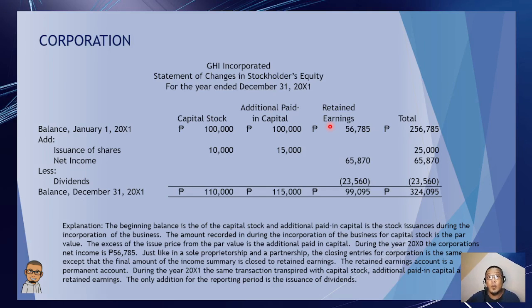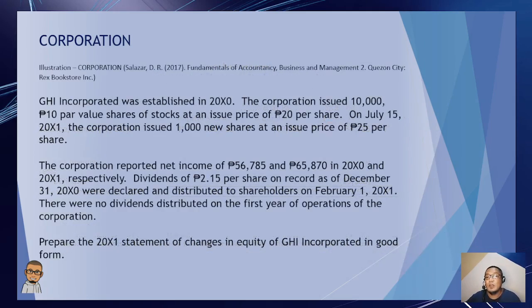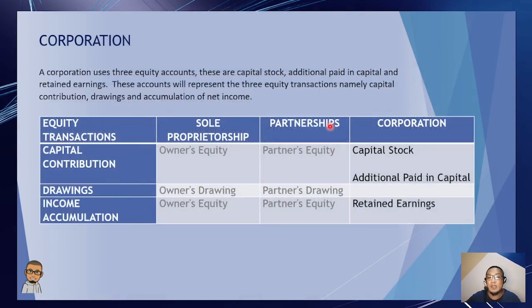Gagawin mo pa rin yung closing entries. However, for a corporation, the net income or the net loss is closed to the retained earnings, not to the common stock. Okay? Kasi nga, balikan natin, ang hinahabol natin parati is capital contribution lang ang papasok kay capital stock saka kay additional capital stock. Income accumulation or your earnings ang papasok kay retained earnings.